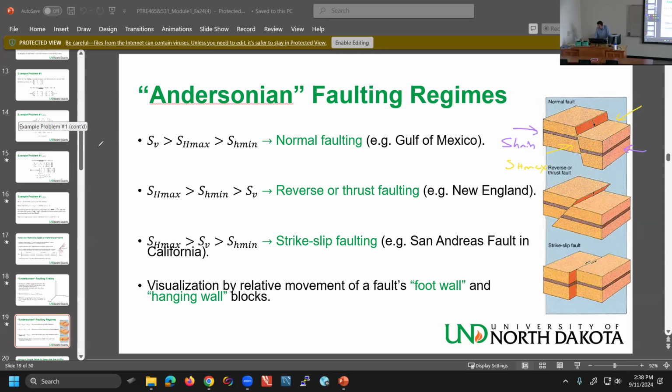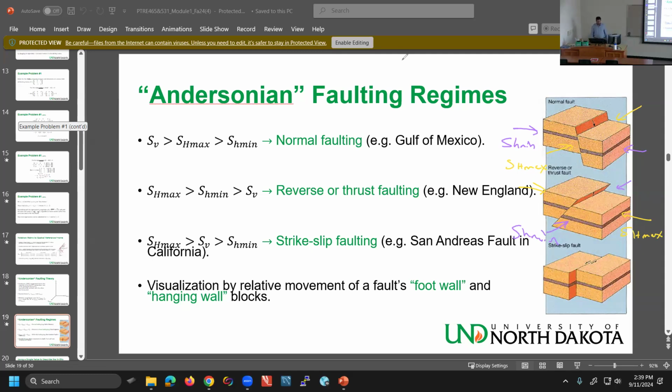You have SH min being the intermediate, and then you have SH max pushing, which is the strongest, the most compressive of all, and certainly of the two horizontal. SH, capital H, max. Let me write it again. It's capital H, max, pushing the hanging wall to slide on top of the footwall and basically create a mountain, let's say, over the broad context.